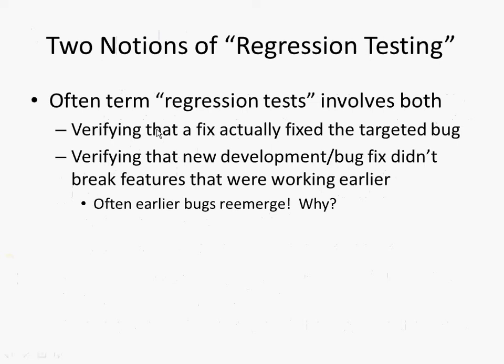So there's a bug found, perhaps manually, and now you put in place a test that automatically tests for that bug, so that when the developer rolls out a fix, you can run that test against the fix and make sure it works. Does that make sense? That makes sense? That's a regression test. It's testing to make sure that this fix that the developer is putting into place, in fact, works without you needing to manually go through that test again. So generally, it's an automated test, these regression tests.